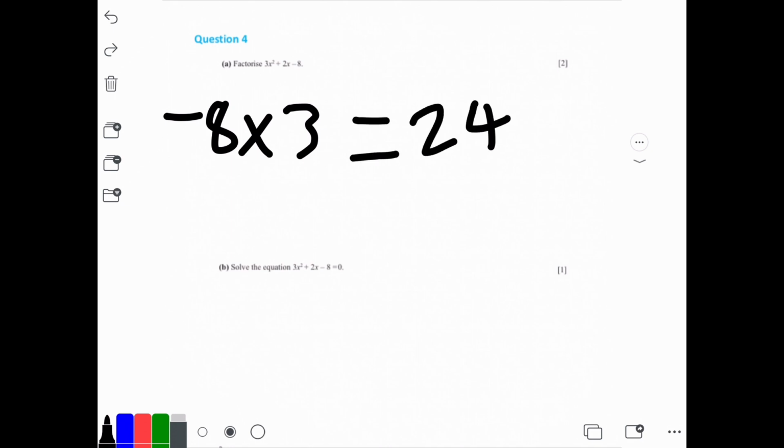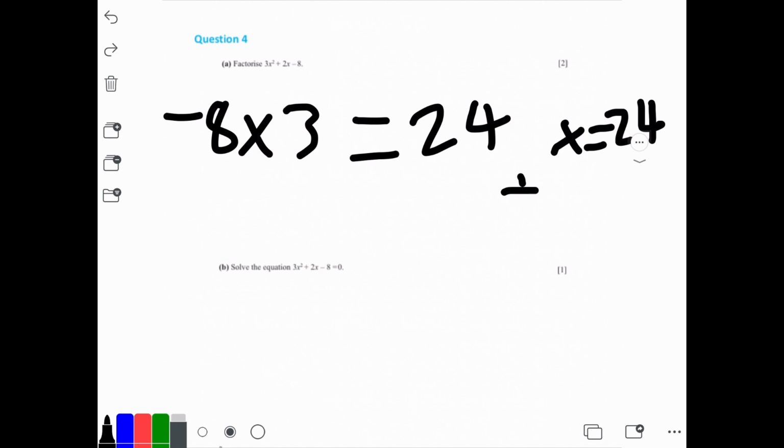And the product of these two new terms, or new coefficients that we will get, will have a product of negative 24, right? So they will times to make negative 24. The sum of these two new terms would be the middle term, which is 2. So they would plus to make 2.